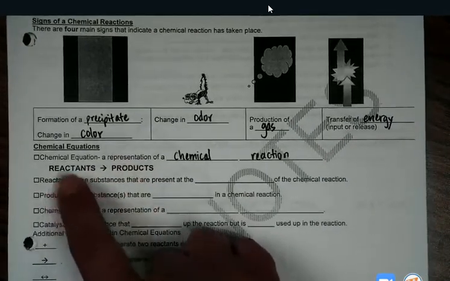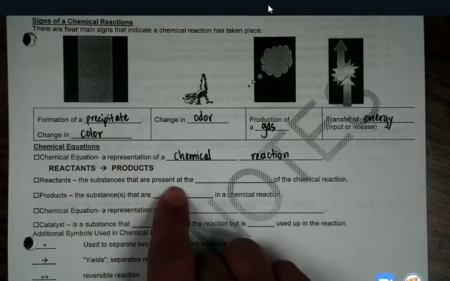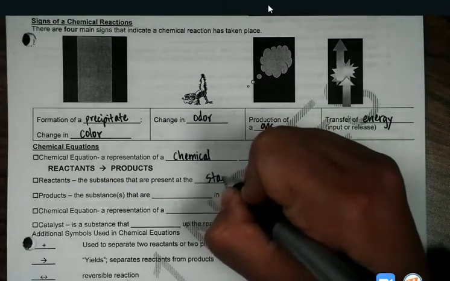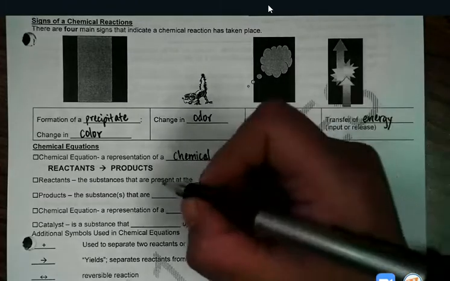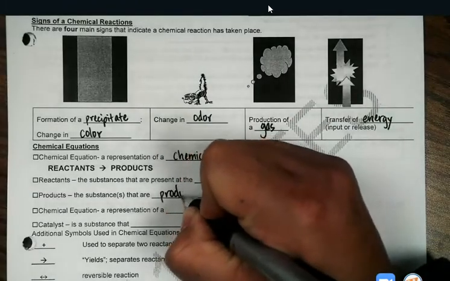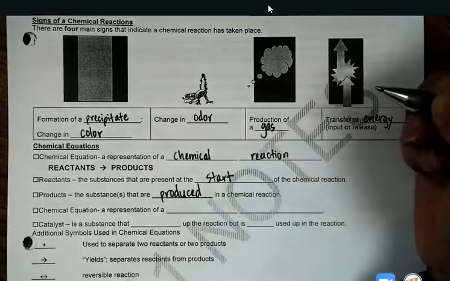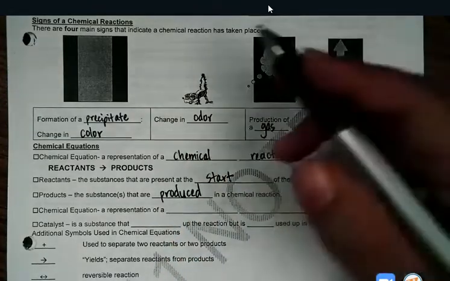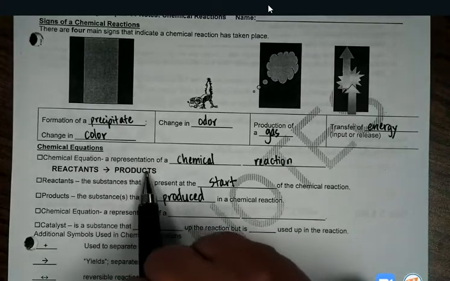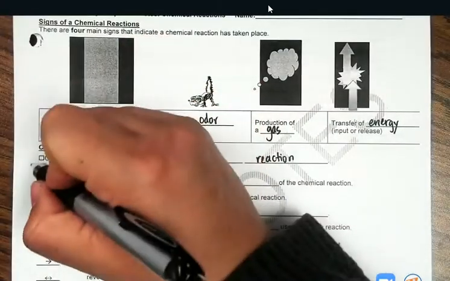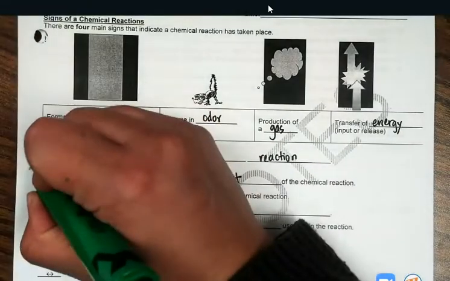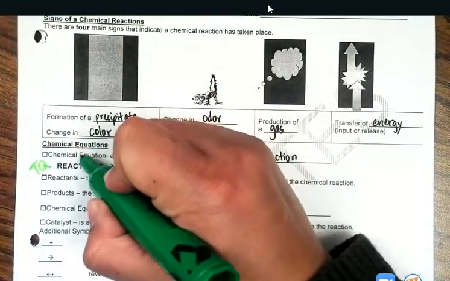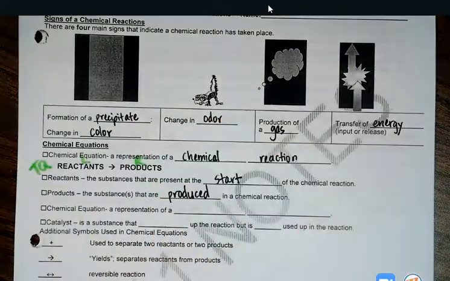So reactants are the substances that are present at the start, and products are the substances that are produced in a chemical reaction. So reactants are on the left, products are on the right. You gotta know that for the test, okay? So I would TQ that.